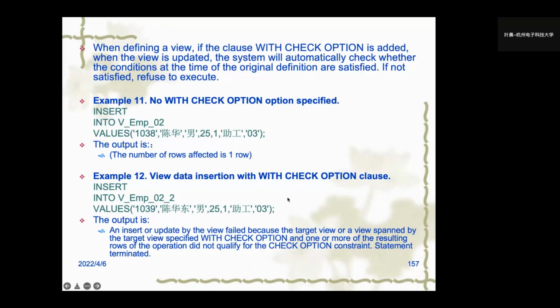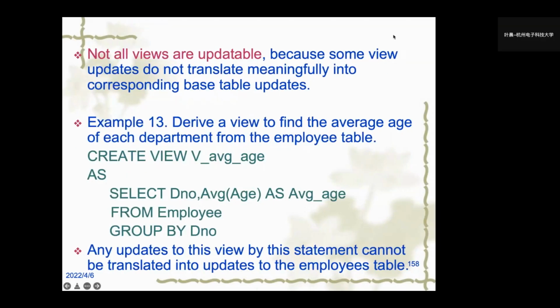We also need to notice that not all views are updatable, because some view updates do not translate meaningfully into the corresponding base table updates. For example, if you want to derive a view to find the average age of each department from the employee table, we can write create view v average age as, and here we write a subquery to calculate the average age of each department.